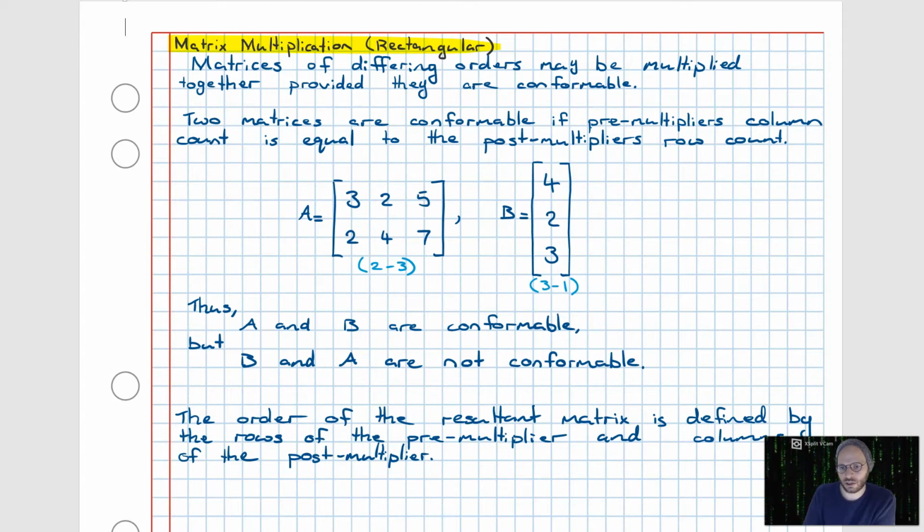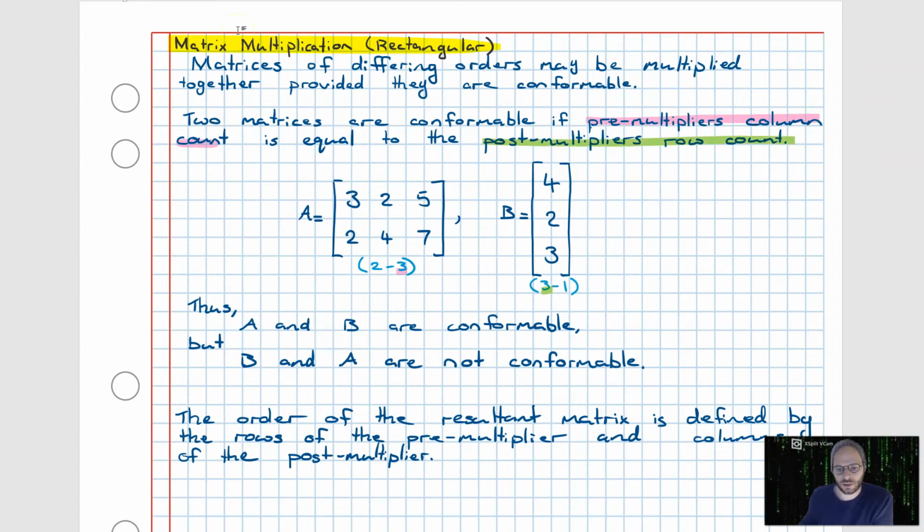Looking at the conformability check, the pre-multiplier's column count. So what we're looking at is this second item here, 3. Going for matrix B, the post-multiplier's row count, as seen, is 3 here.